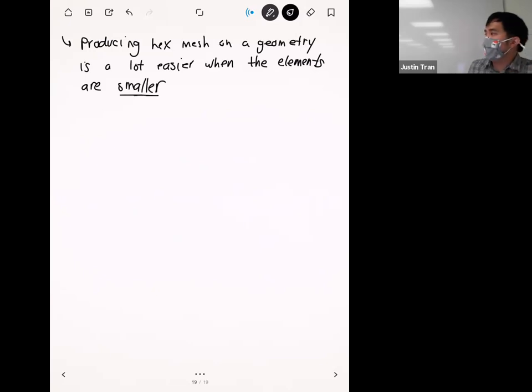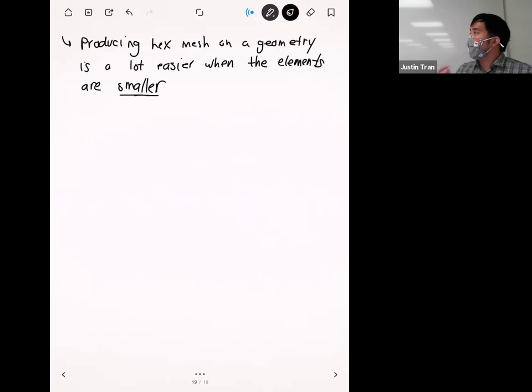And so if you're trying to produce a hexahedral mesh on a geometry and it's not working, it's giving you an error message, try refining the elements, try making them smaller. And so sometimes this will help you out quite a bit, okay? Because the main reason why hexahedral meshes fail on certain geometries is that as the mesher is trying to fill a space with elements, it'll sometimes reach a part of the geometry where there's a really awkward space that's left to be filled, okay?